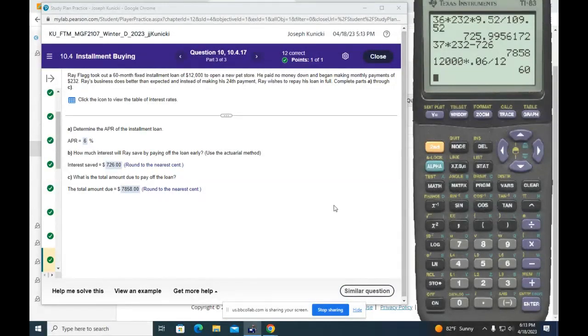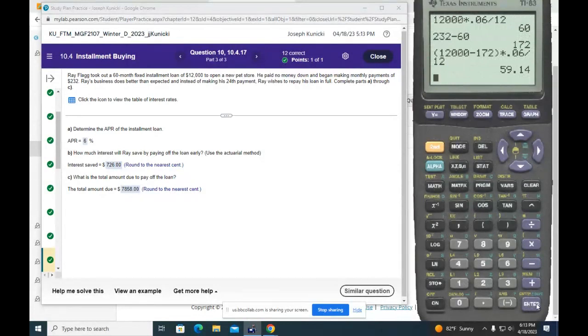But see, because the second month, if it's $60 on the first month, if I take 232 minus 60, then the principal is lessened by 172. So I would take 12,000 minus 172. That's my new principal, times 0.06 divided by 12, for the next month.